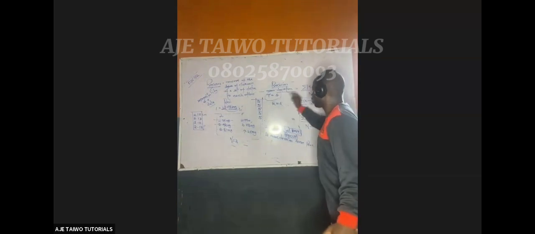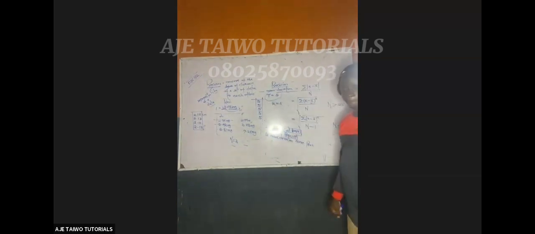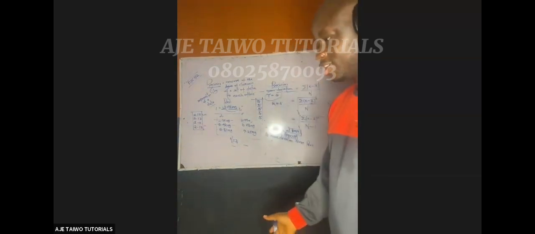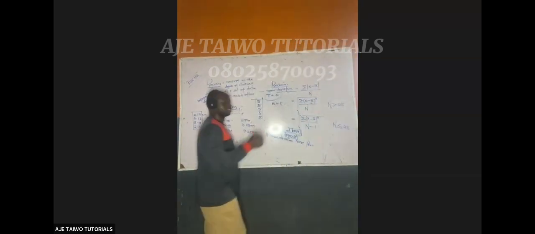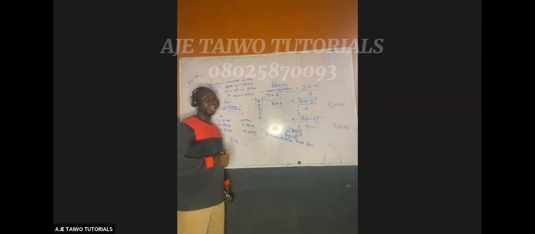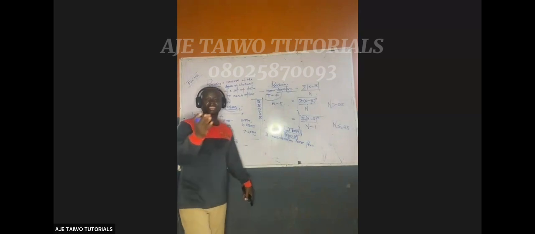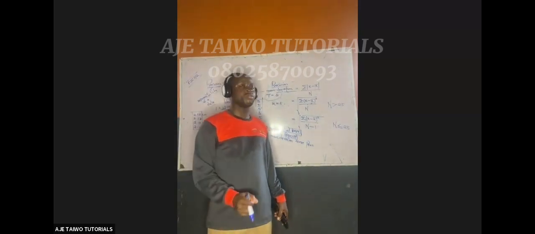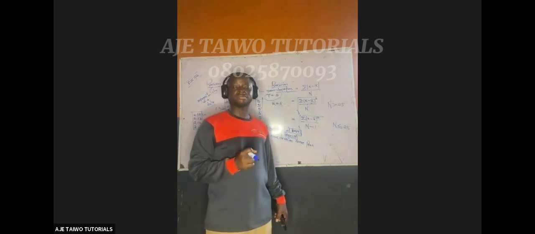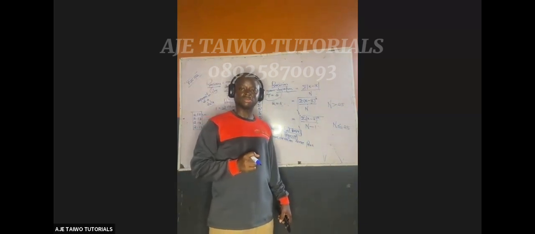What's the mean deviation of this person? 0. Go and calculate it, you get 0. What's the standard deviation of this person? 0. It's precise and it's what? Accurate. Precise and accurate.